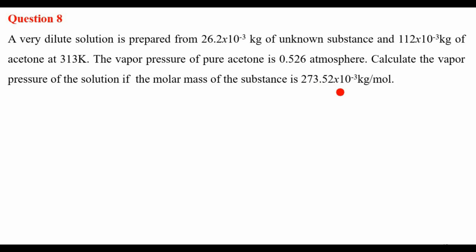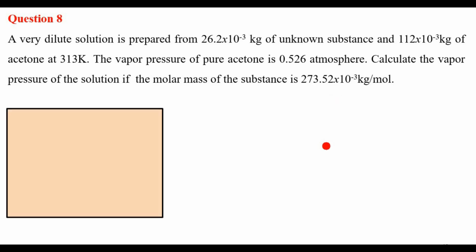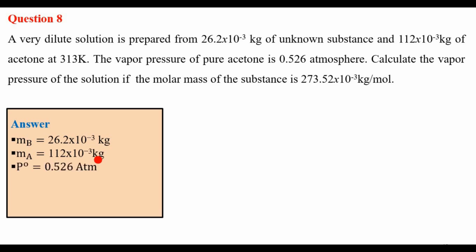Again, we are going to use the formula. So what do we have? We have the mass B, MB, which is the mass of the solid. We have also the MA, which is the mass of the pure solvent, which is acetone. We have also the vapor pressure of the pure solvent, which is equal to 0.526 atmosphere.